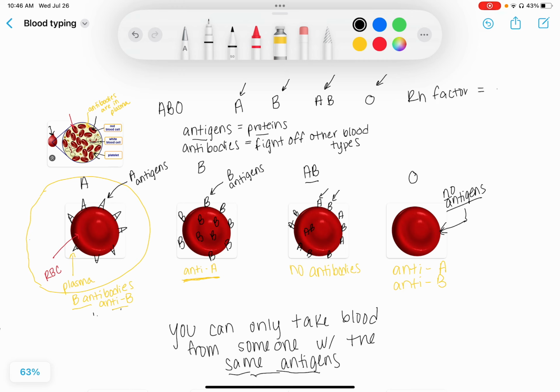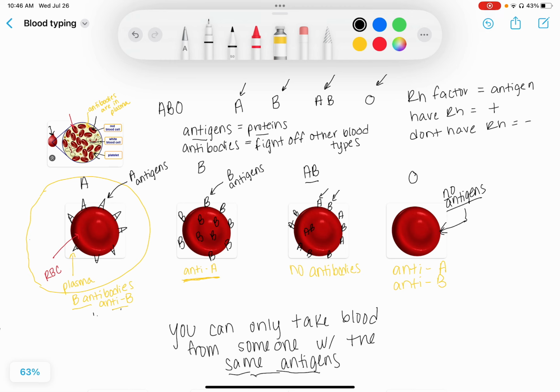The Rh factor is just another antigen, and either you have it or you don't. So if you have the Rh factor, you are positive blood. If you don't have the Rh factor, you are negative blood.